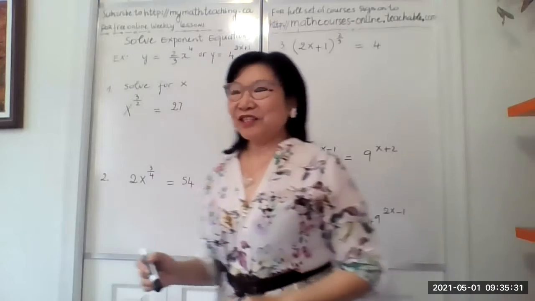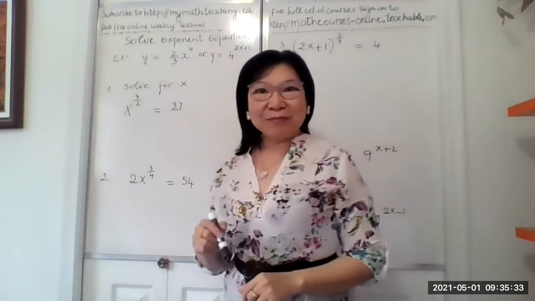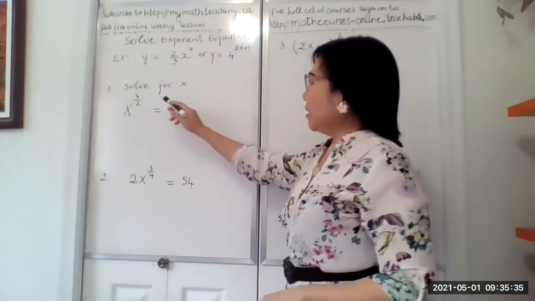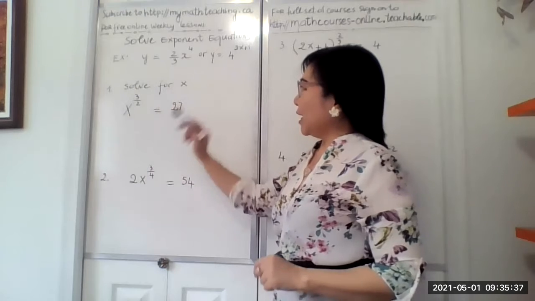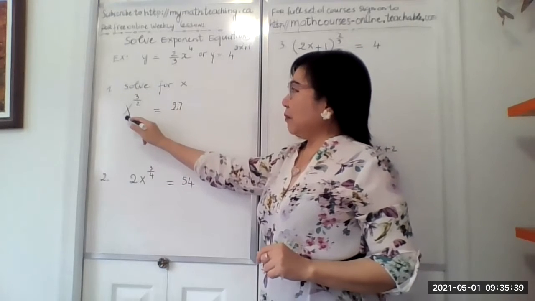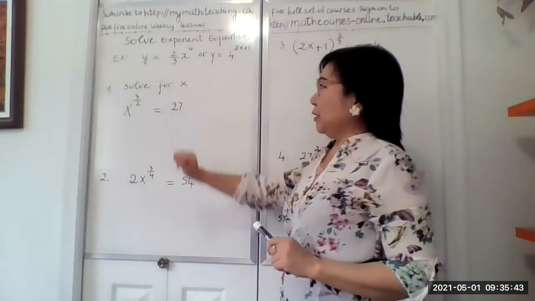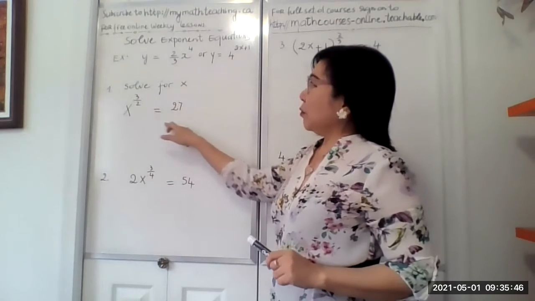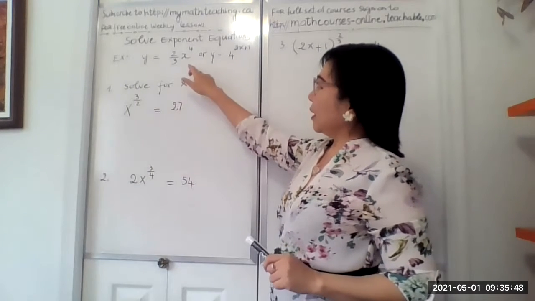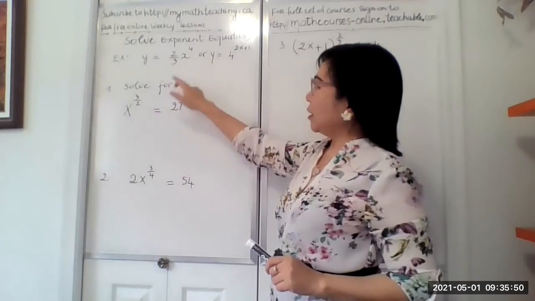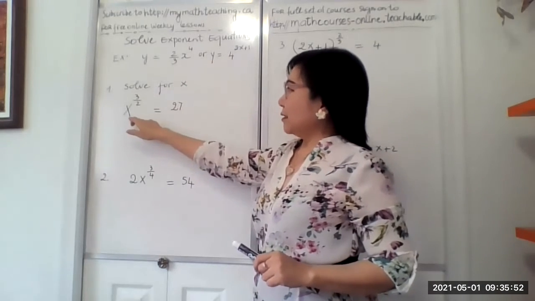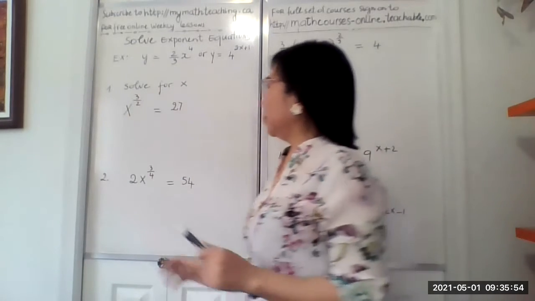Let me show you how we'll do number one first. Number one says solve for x. I have x to the power 3 over 2 equals 27. This number one looks like the first example here. The base is x and the power is a number.